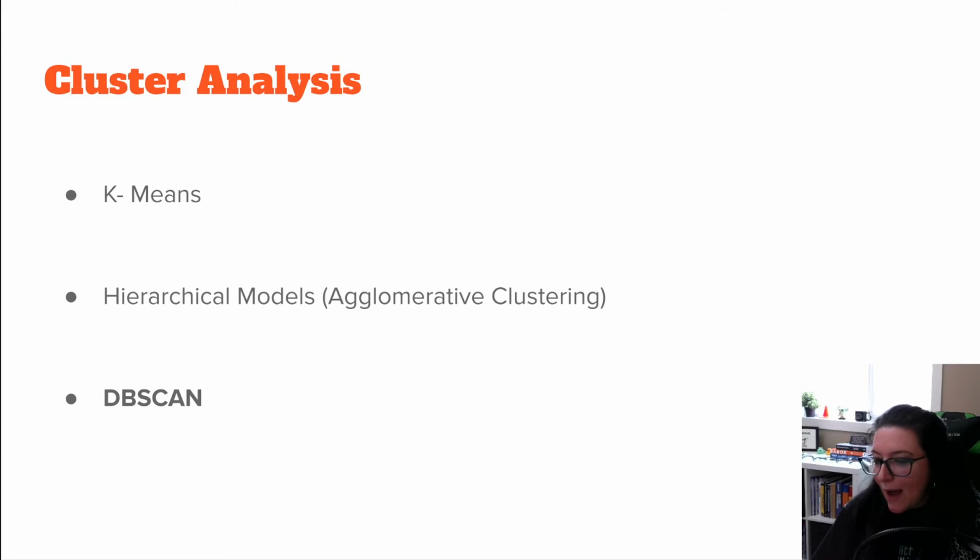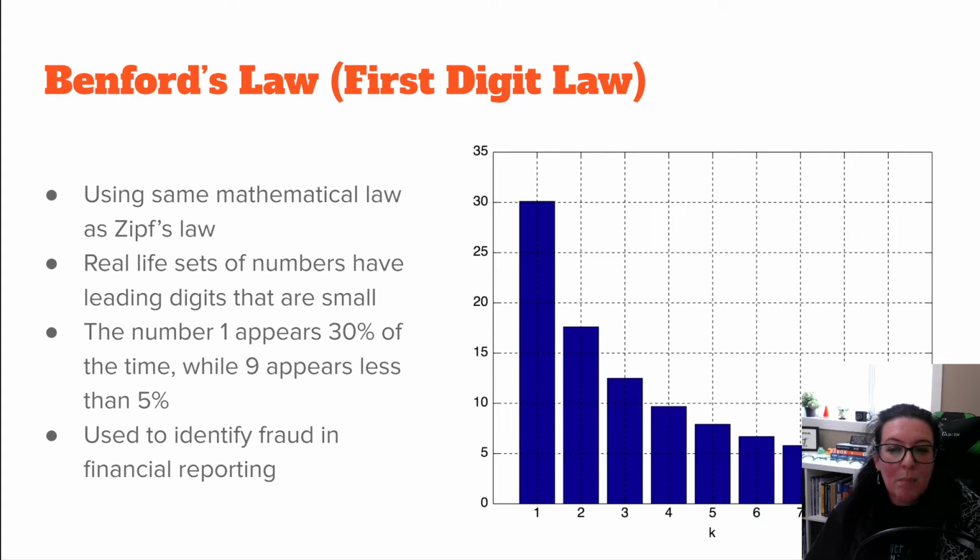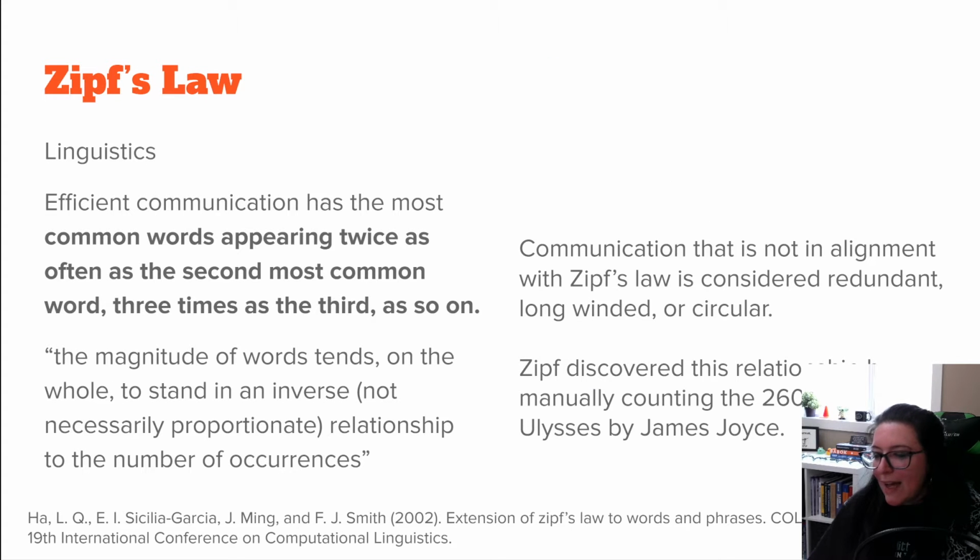And in the video after this, we are going to look at Benford's law. So Benford's law is similar to Zipf's law that we talked about when we did our text mining and analyzing text. With Zipf's law, we look at how efficient communications are because common words are going to appear twice as often as second most common words. And so you get this exponential decay when it comes to words to indicate that we have efficient communication.